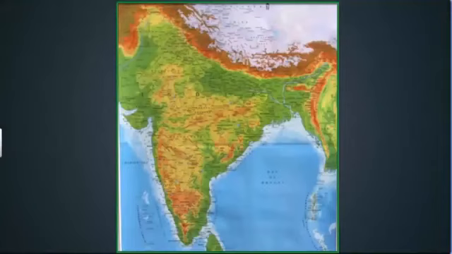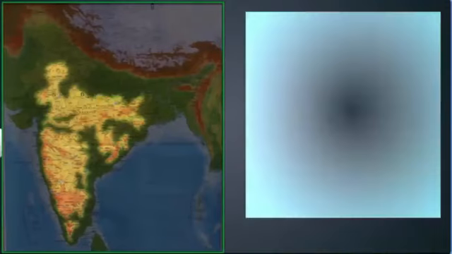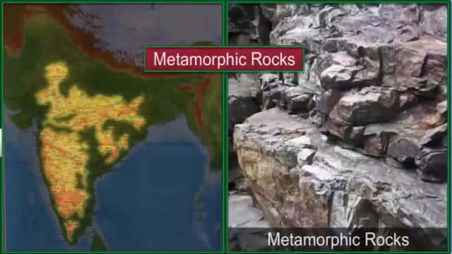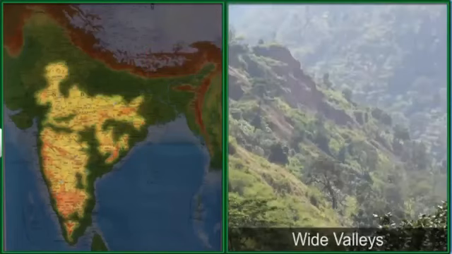Different physical features of India were formed at different times. The oldest physical feature is the Peninsular Plateau. It is composed of igneous and metamorphic rocks and has hills and wide valleys.